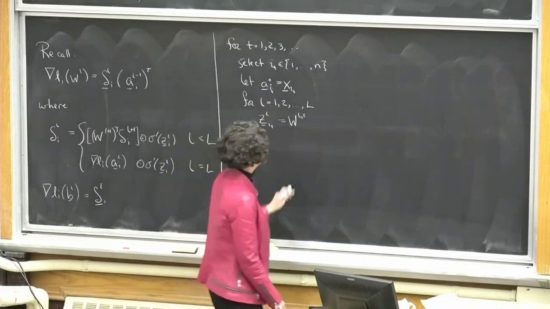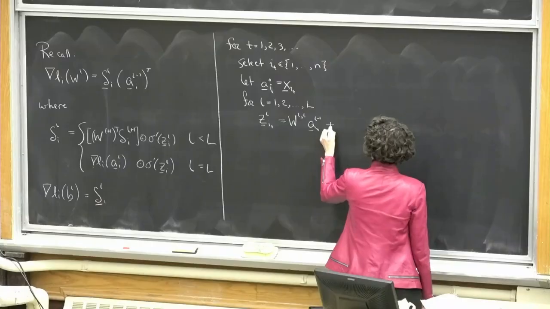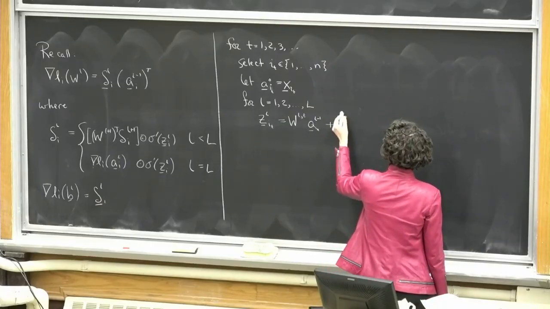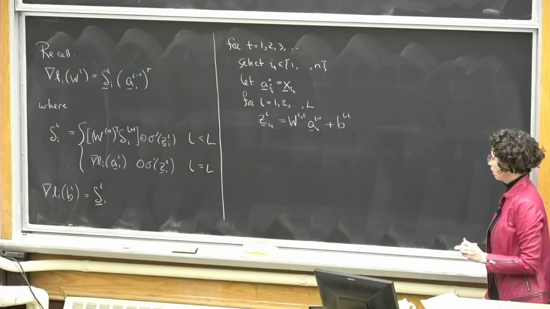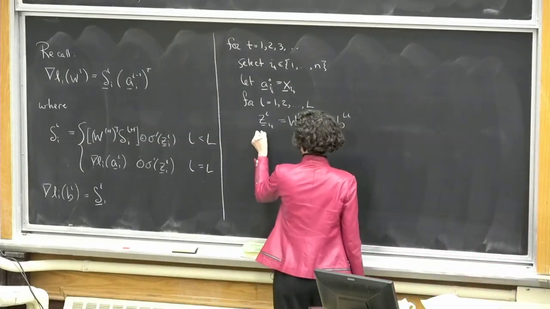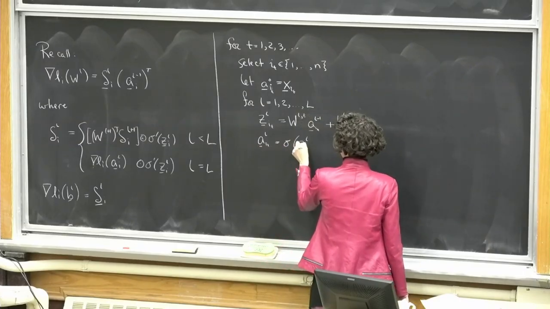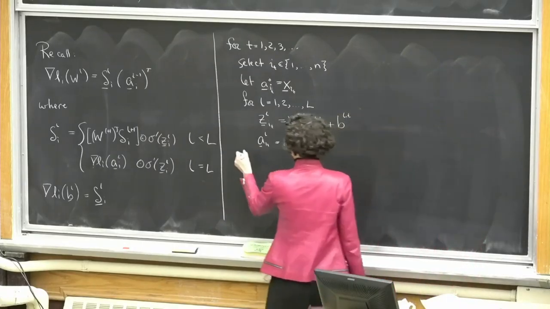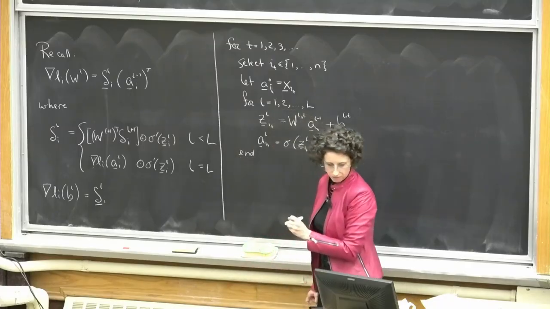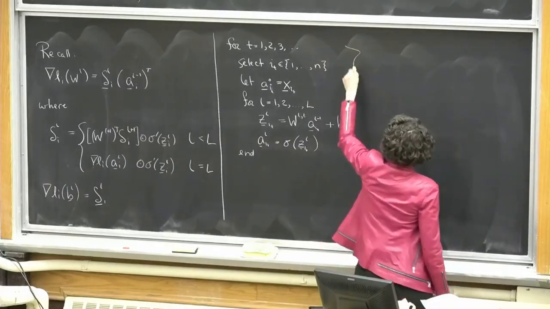But it's the same idea as what we've been doing all along. We multiply that times A^(L-1) for sample i_t, and we add to that the biases for layer L, the current estimate of the biases at iteration t. Then we compute our A's, so A^L for i_t is simply sigma of z^L for i_t. Okay, so that ends this loop. And so this whole part is called the forward pass.